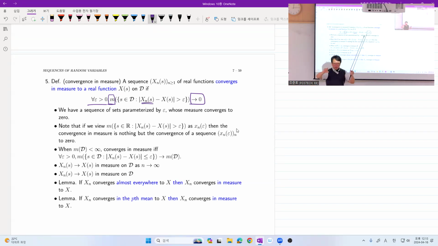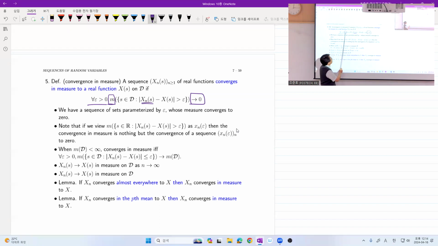So if you have a bound, then from x of n plus or minus epsilon, x of n may deviate from the bound, and then you take all the values and construct the set for each n and epsilon. And then you construct the sequence of real numbers by measuring that set, parameterized by n and epsilon.